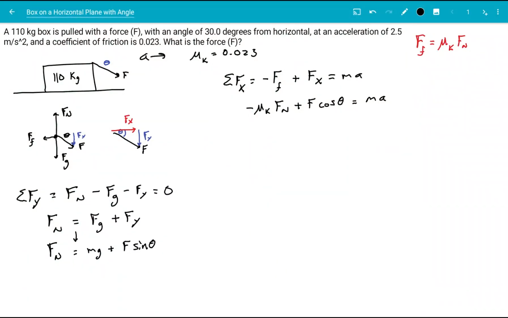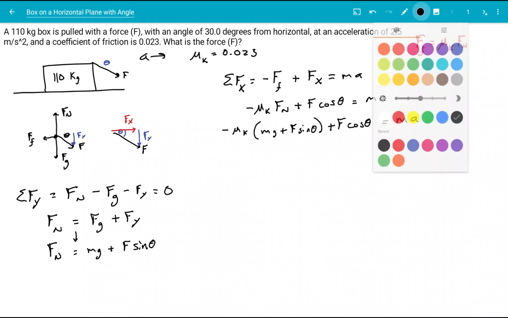Well, we don't have our forces yet by themselves, so minus mu kinetic times, now we go to the left, we got Fn. Fn is mg plus F sine theta, plus F cosine theta equals ma. We need to do a distribution.